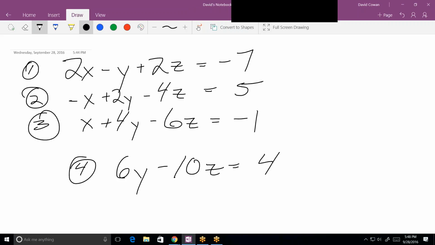So now the goal is to add any of the other two. In other words, I could add 1 to 3 or 1 to 2 and try to eliminate the same variable to come up with equation 5. Okay. Well, I can't immediately do that, but if I manipulate equation 2 a little bit, then I could add it to equation 1 and get x to disappear.